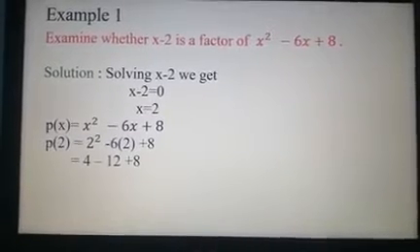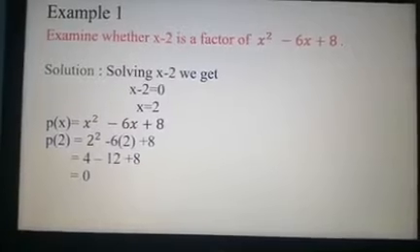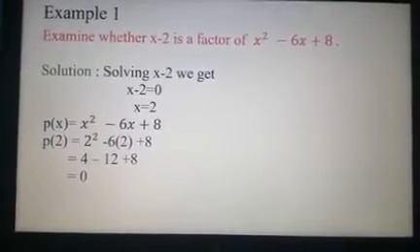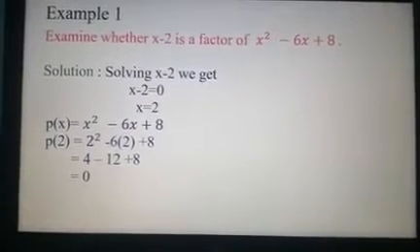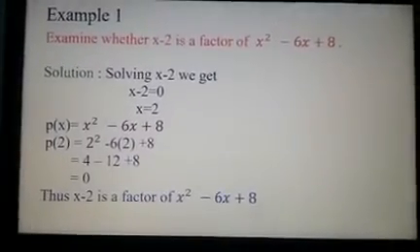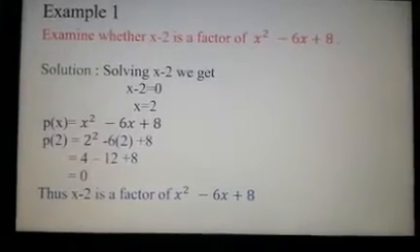Once you simplify this, I can see that p of 2 is equal to 0. So if p of 2 is equal to 0, according to the factor theorem, I can say x minus 2 is a factor of x square minus 6x plus 8.